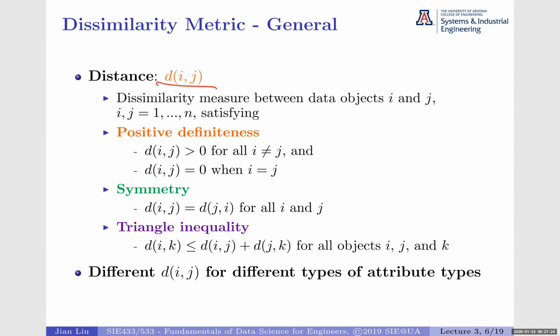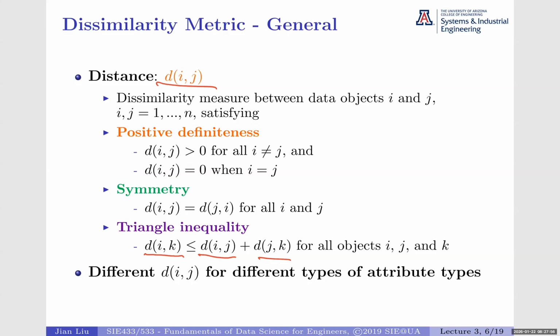Second, symmetry. I mentioned just now, the difference between i and j is the same as the difference between j and i. So it's symmetric. Third, triangle inequality. The distance between i and k is less than or equal to the distance between i and j plus the distance between j and k.